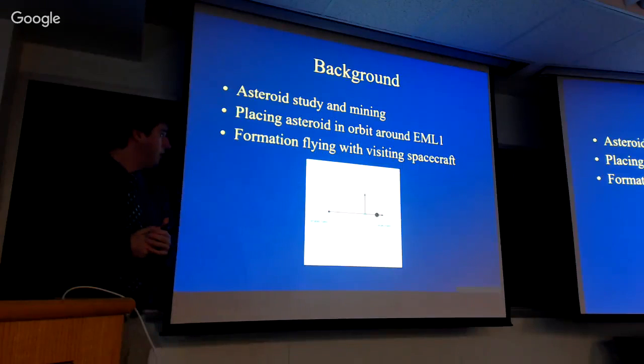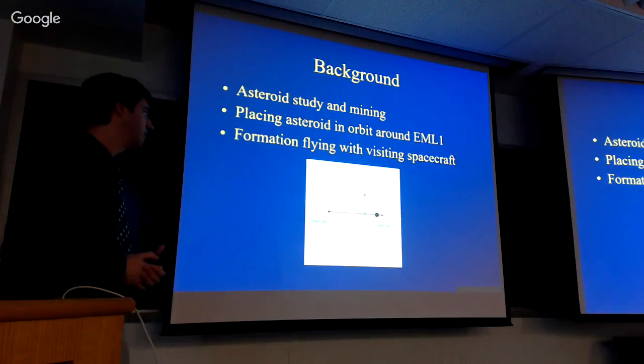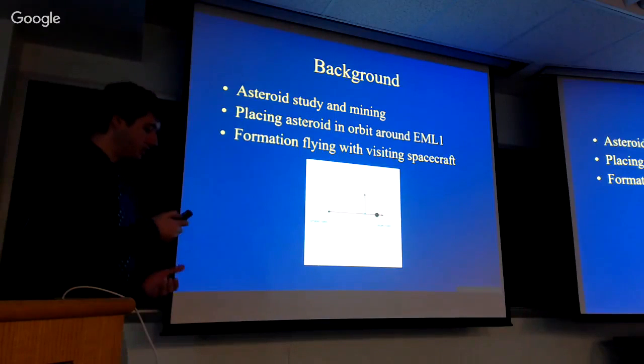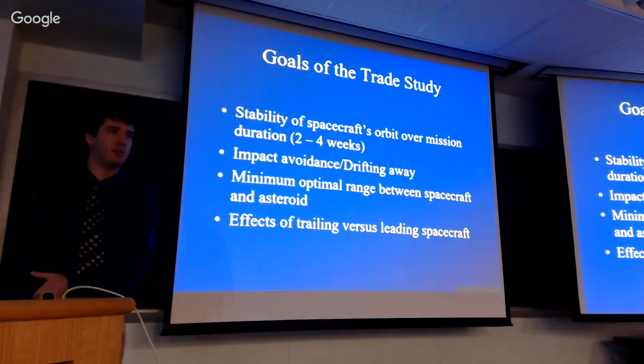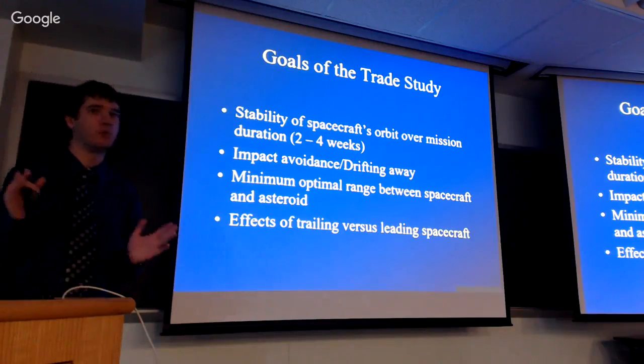As you can see from this simple diagram, this is the dynamics of the problem. You have the mass of the Earth and the asteroid. The goals of this study are to look at short-term stability over roughly a period of 2 to 4 weeks.